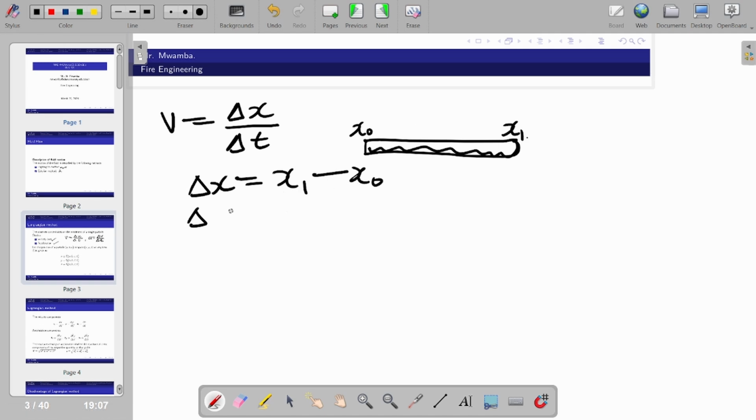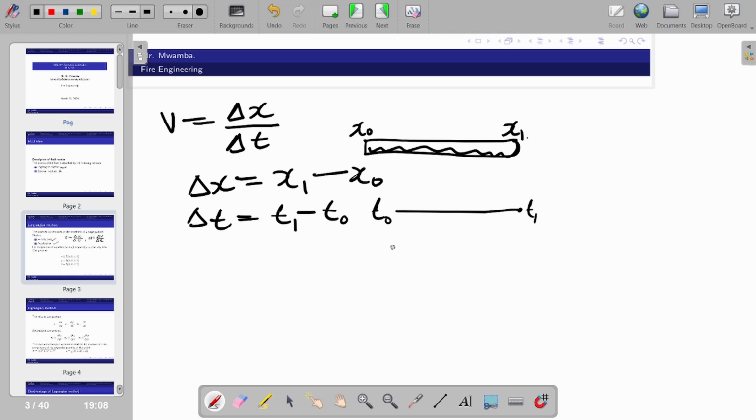The same with time. The change in time is the final time minus the initial time. So these are discrete changes, from time t0 all the way to time t1.